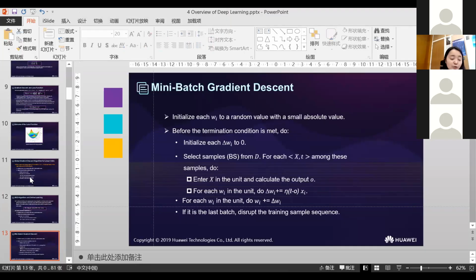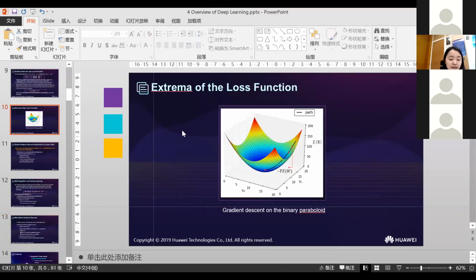So that is gradient descent. It's just like we are blind, and we are trying to find the lowest point of the mountain, and we use our foot to check the direction, and we will follow the direction.